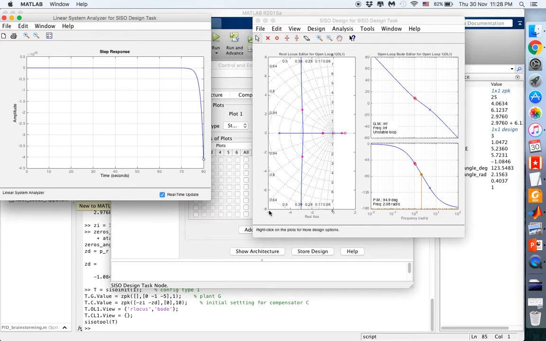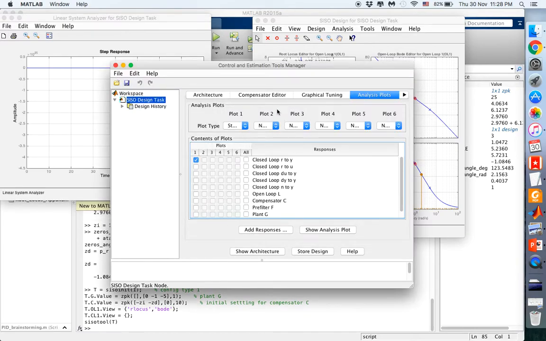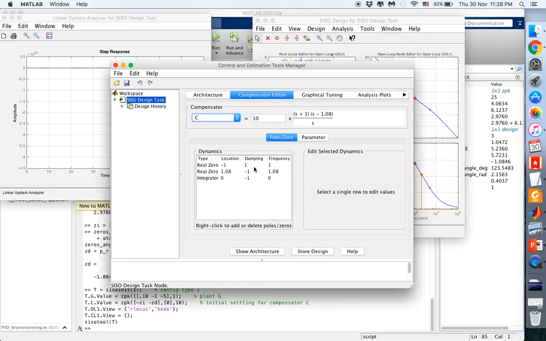So we need to modify this zero. Let's say we want to place the zero close to the origin. Instead of 1.08, we want to have 0.2 for example.